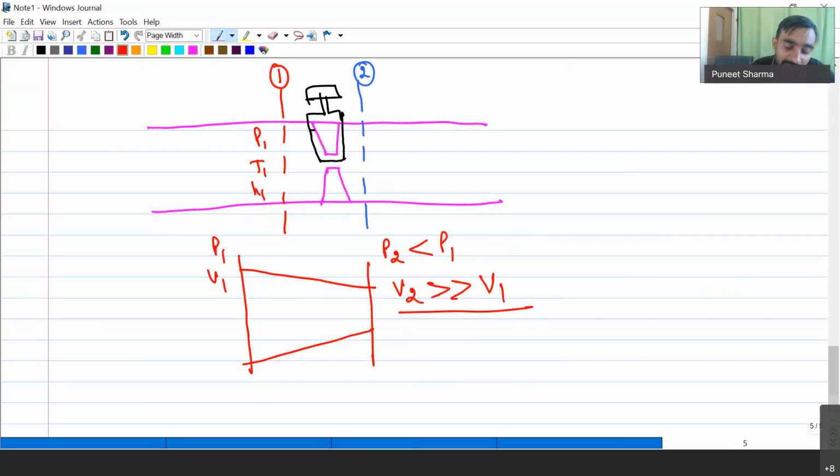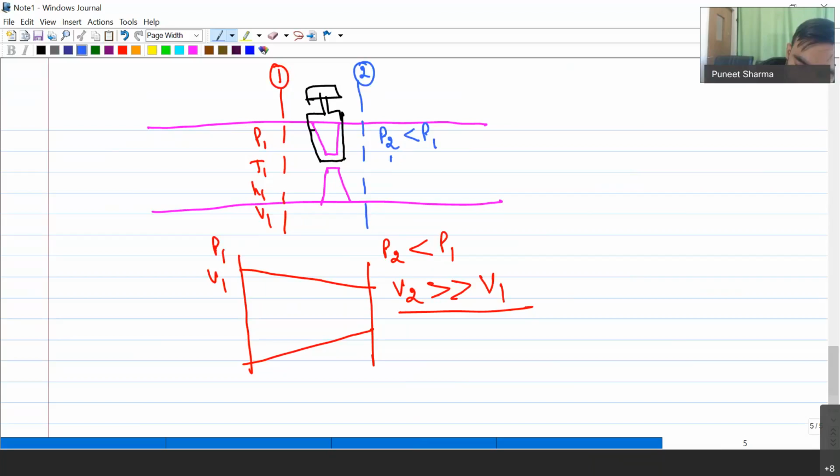However, if we are creating a sudden obstruction in the path of the flowing fluid, in that case the pressure at the outlet will be less than at the inlet, because we have created some obstruction. Because of this obstruction, obviously the downstream pressure will be less in comparison to the upstream pressure.